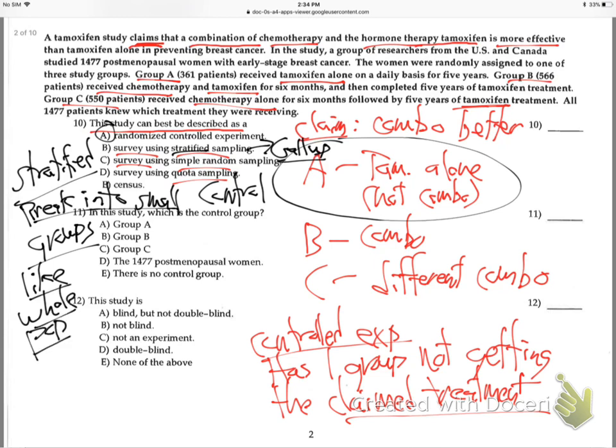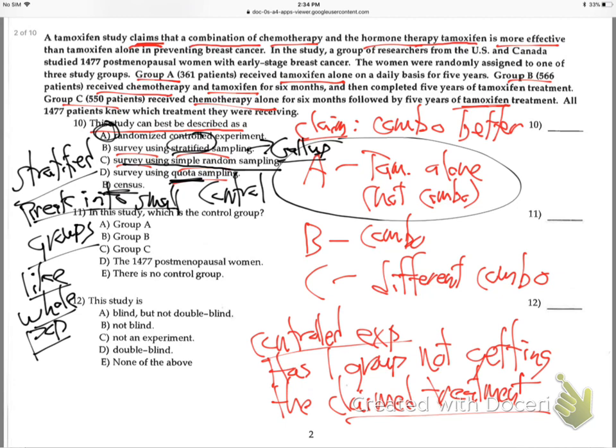That's not what's happening here. That's what they do when they poll now. When they poll, they make sure they do the Gallup thing, that they ask the same number of black, white, old, young, rich, poor, city, country, as are really in the United States. That's called stratified, breaking into different strata. Stratified sampling. So that's not what we're going on here. Survey simple random. Well, yeah, it is a survey, but it's controlled. And quota, no. All right, so census, no, we didn't count everybody. All right, let's go on.